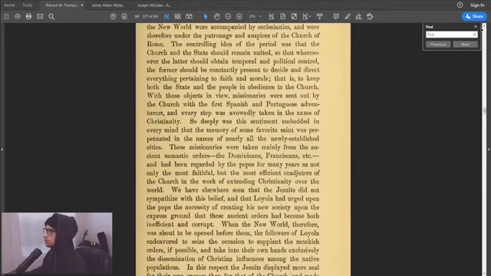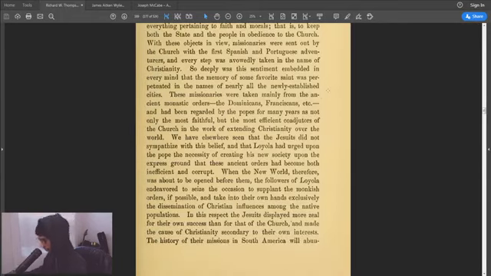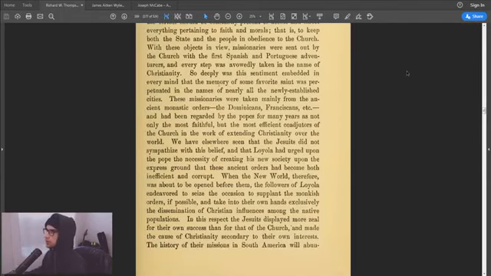It says, the missionaries were taken mainly from the ancient monastic orders, the Dominicans, Franciscans, etc., and had been regarded by the popes for many years as not only the most faithful but the most efficient coadjutors of the church in the work of extending Christianity, Catholicism over the world.